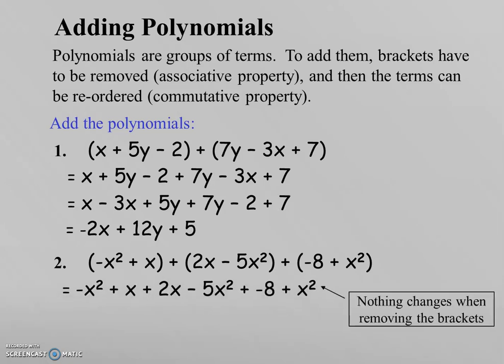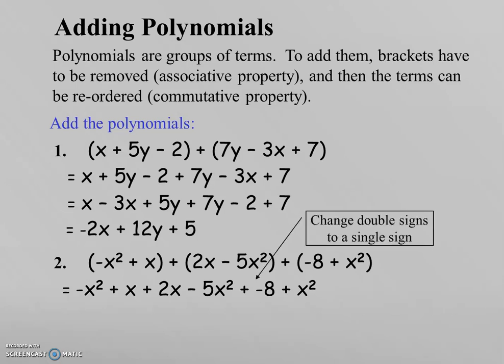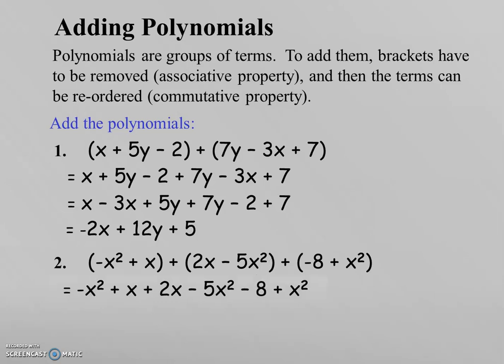In the next group, after I remove the bracket, watch out though, because I see a double sign on that 8, the plus negative 8, and we don't like double signs. So what we do then is combine them using the multiplication rule, and we have a single sign. Now we reorder the terms, and combine the coefficients according to addition of integers.